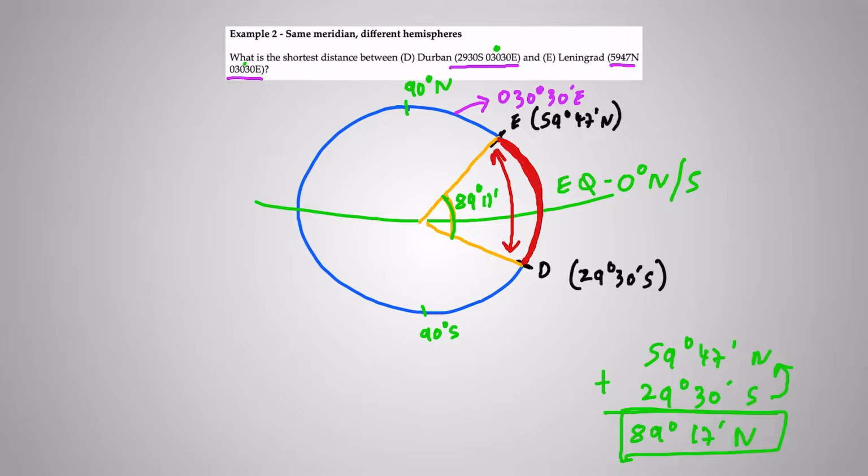I'll just use the conversion factor and it will come out to be 89 into 60 plus 17 nautical miles. This comes out to be 5357 nautical miles. Perfect. So the distance between point D and point E is 5357, and this is the shortest distance between these 2 points, since we have found this distance on the blue great circle. This was also a very easy and straightforward question.